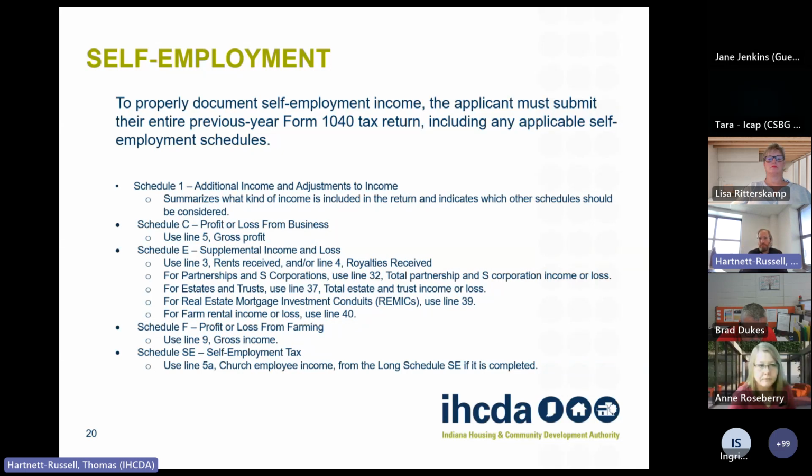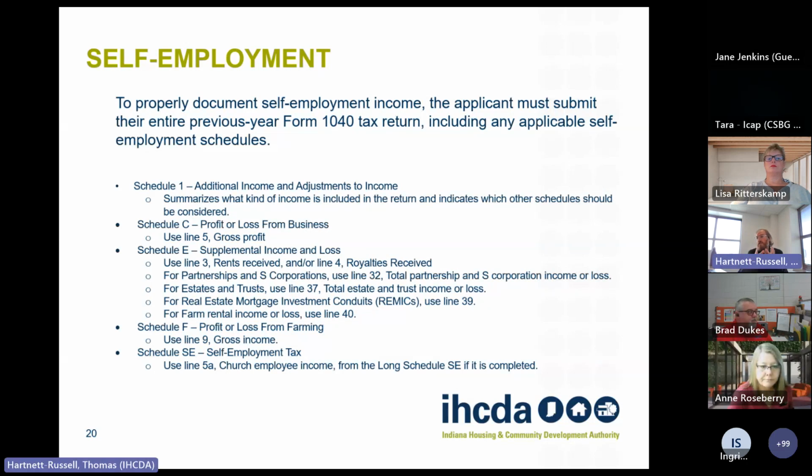I believe they have not been approved yet. Once 2023 tax forms are released, we'll compare them to what we have here, and I will issue additional guidance if needed.